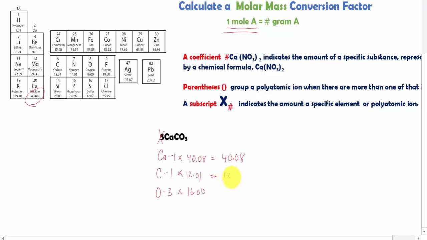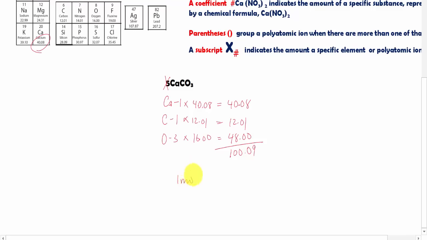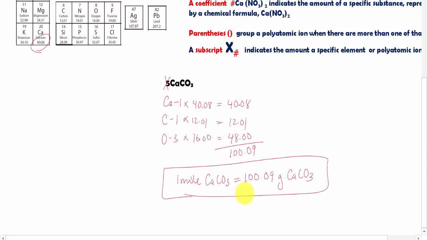For carbon it is 12.01, and for oxygen it is 48.00 because there are 3 of it. When we add them together, we have 100.09. And to express this as a molar mass, we have 1 mole of CaCO3 equal to 100.09 grams of CaCO3. And there you go. That is our molar mass.